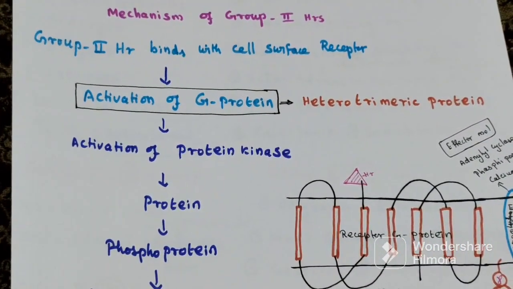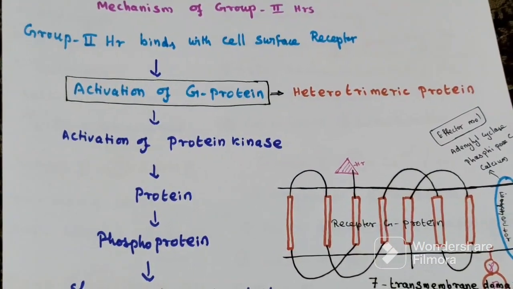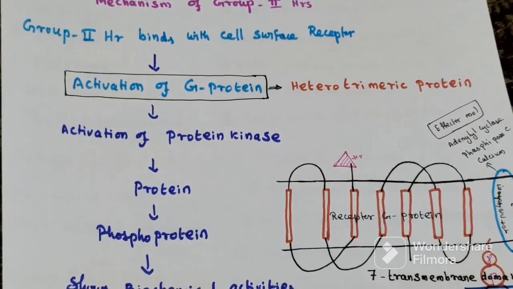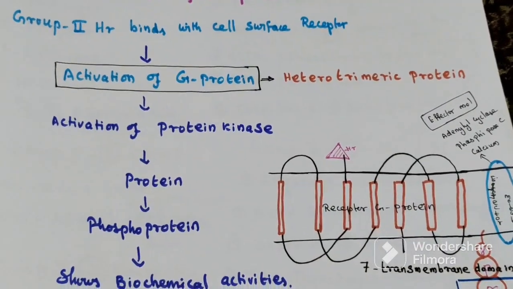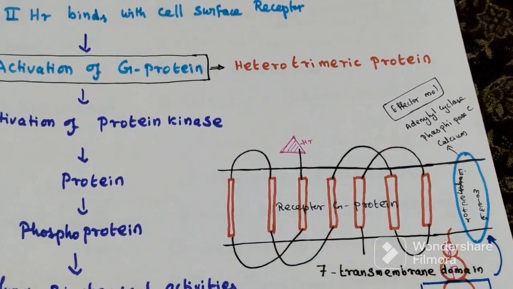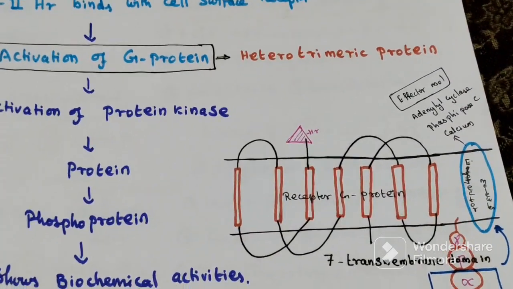G protein causes activation of protein kinase. It converts protein to phosphoprotein. It shows that biochemical response. Here, G protein is a heterotrimeric protein.